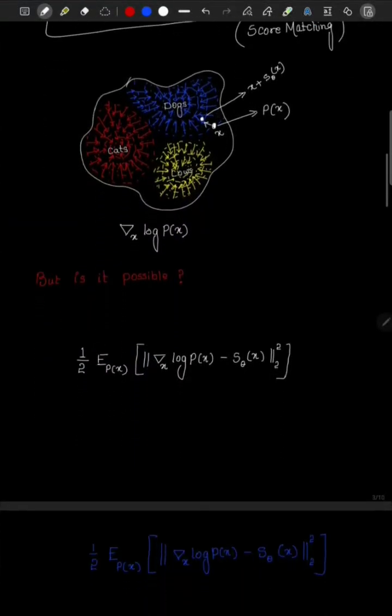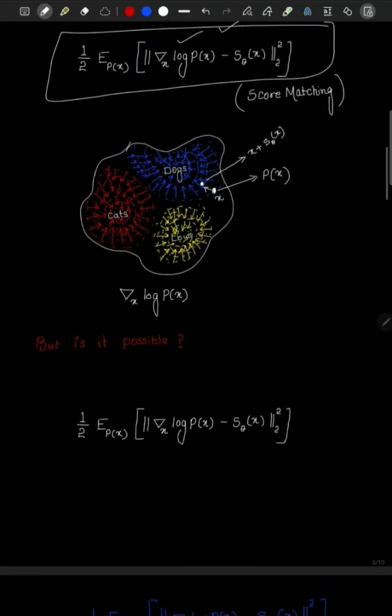So what does it signify? We are taking the gradient with respect to x. What does it mean? We have one distribution, and the gradient with respect to x gives the direction towards high density. Say this is a dog distribution, following a Gaussian distribution.